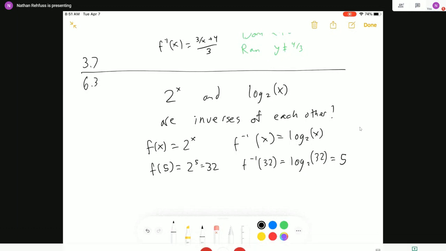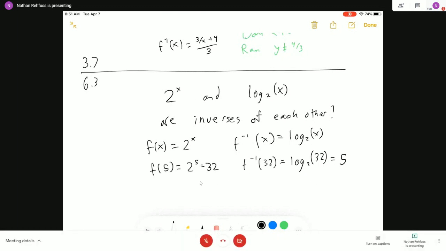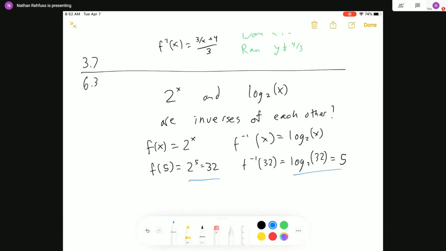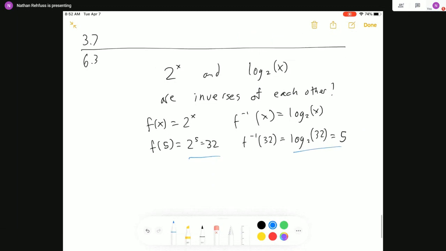In fact, saying these are inverse functions is exactly the same thing as saying that these are just two different ways to write the same equation. So the exponent form and the log form of the equation, in fact, the very definition of the log is the same as saying these are inverse functions of each other. So that's what we're dealing with here, is a pair of inverse functions.